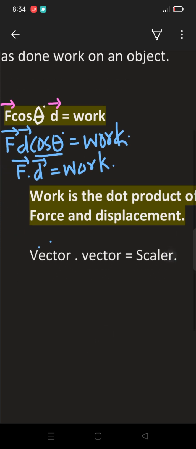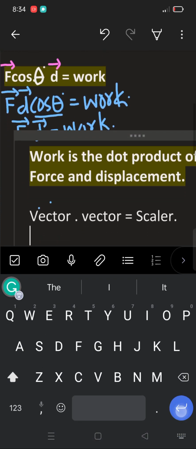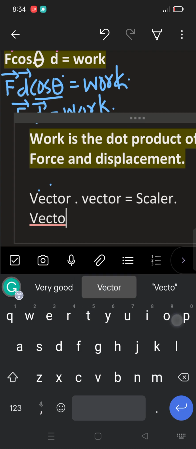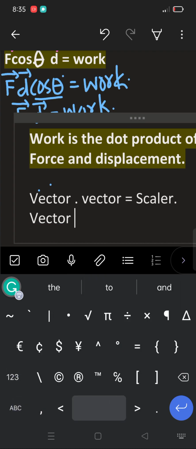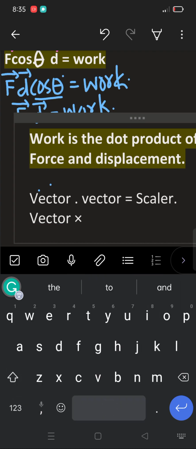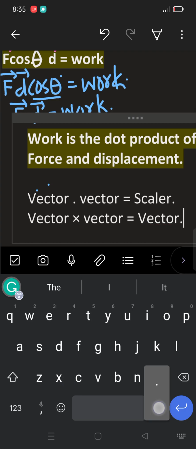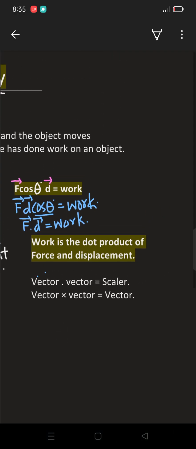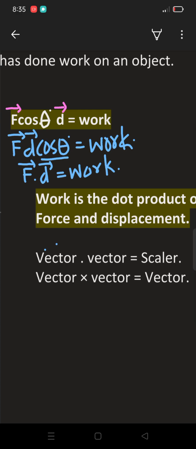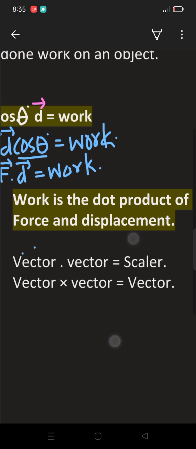And the cross product of two vectors will always be a vector. So vector dot vector will give me a scalar quantity. However, vector cross vector will give me a vector quantity.